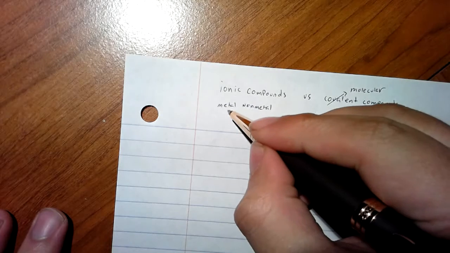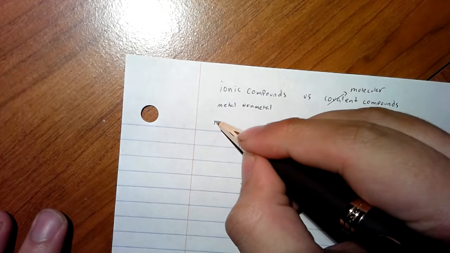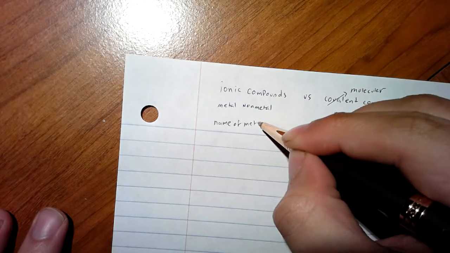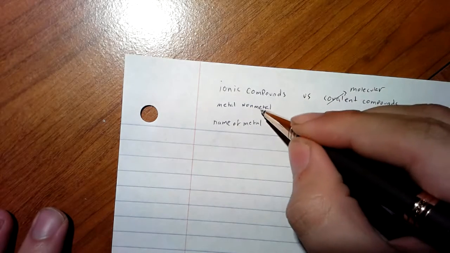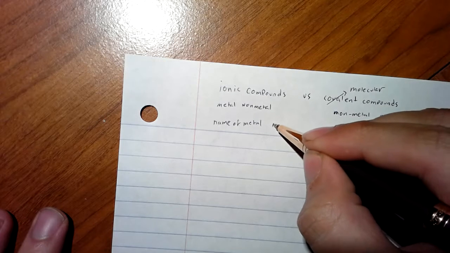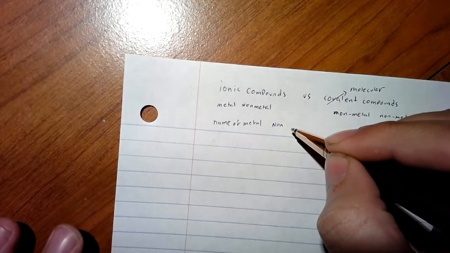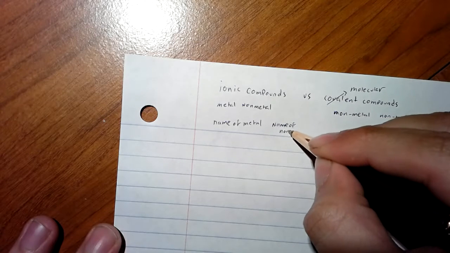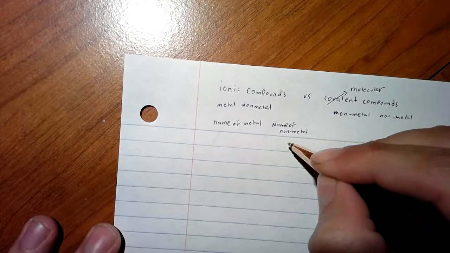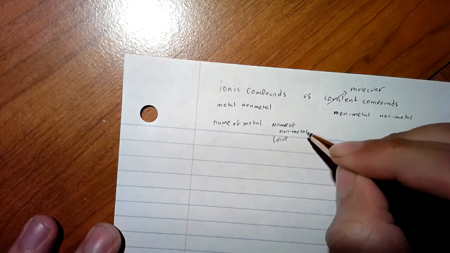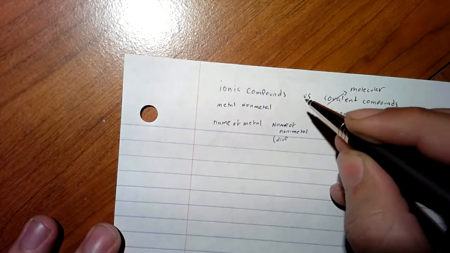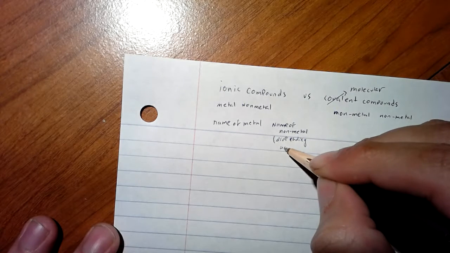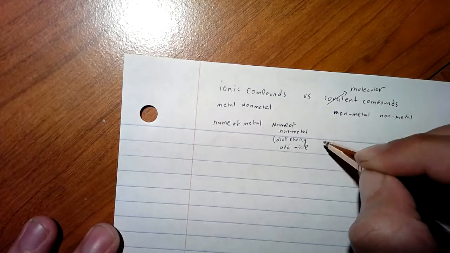You write down the name of the metal, and then you write the name of the non-metal, but you drop the last suffix, drop the last syllable, drop the ending, and add "ide," I-D-E.